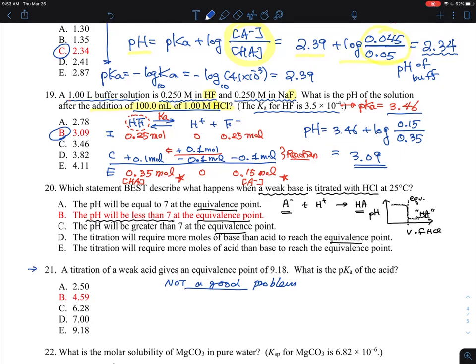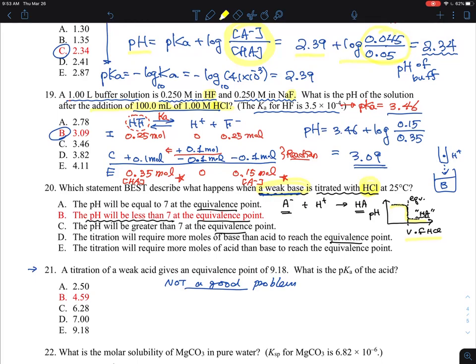Which one best describes when you have a weak base titrated with HCl? By adding HCl, the scenario is more like you have HCl dripping into the weak base, and you have HCl, a strong acid, being added on. So your pH will go down the more volume of HCl solution you add.